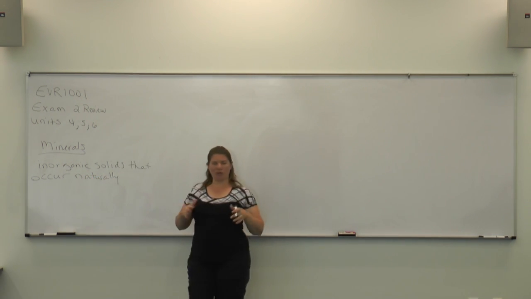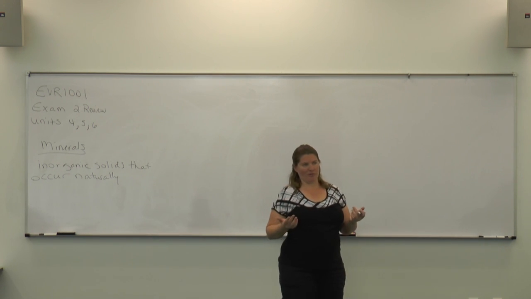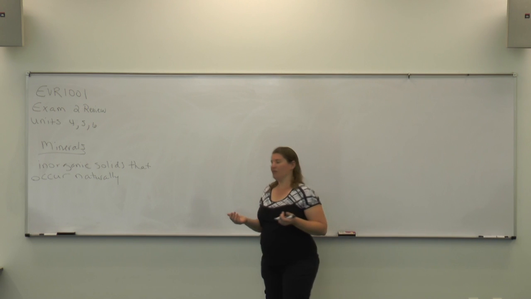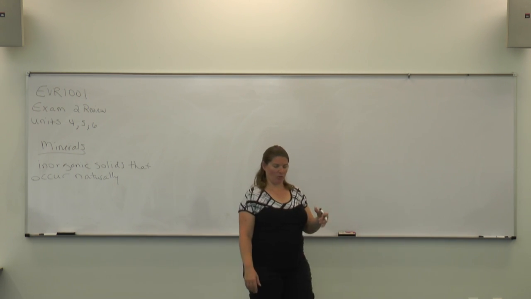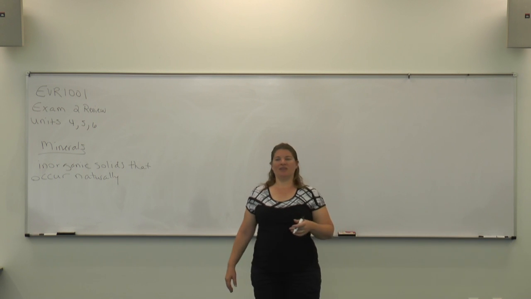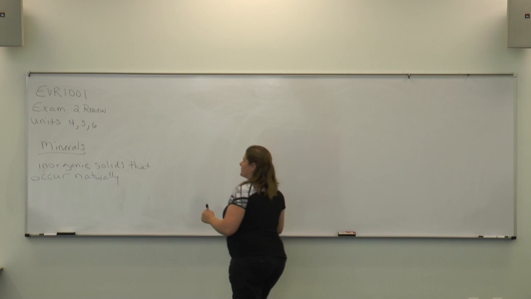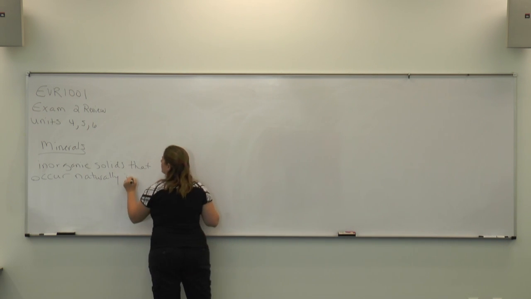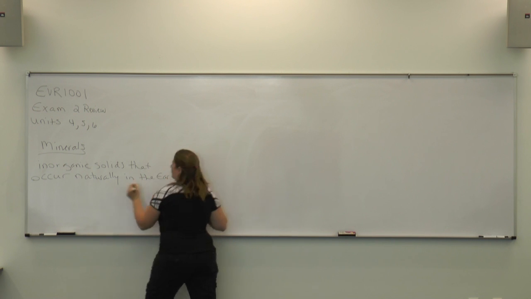Remember we learned about those three different layers of the earth, the core, the mantle, the crust. You can't get down to the core, that's a hot and molten mess. Not the mantle even, that's pretty far down too. It's in the crust. Inorganic solids occur naturally in the Earth's crust.